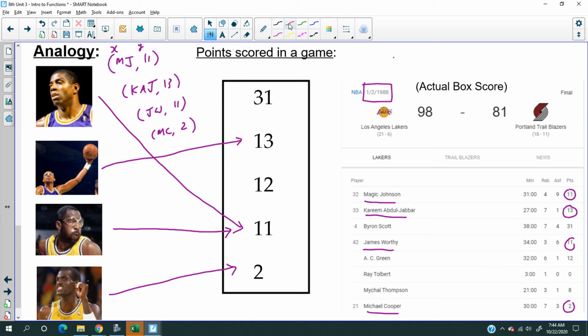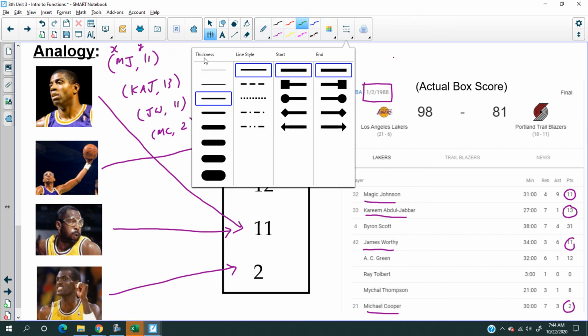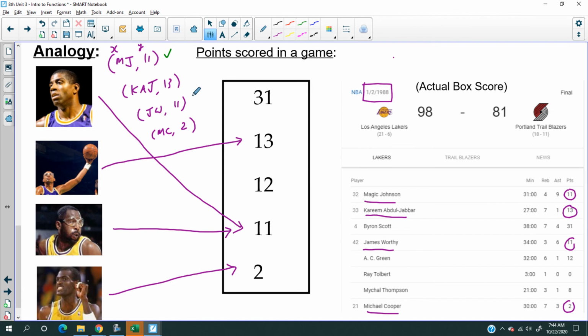As you can see, Magic scored 11 and James Worthy scored 11, and that's okay. They're not breaking the rules. But what's a problem is if I were to say Magic Johnson scored 11 points, but then Magic Johnson also scored 12 points.